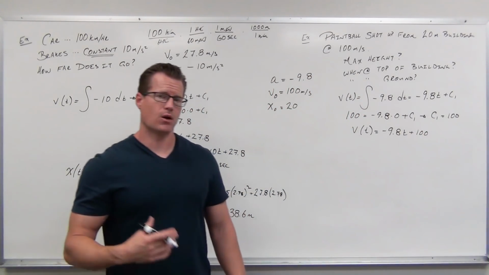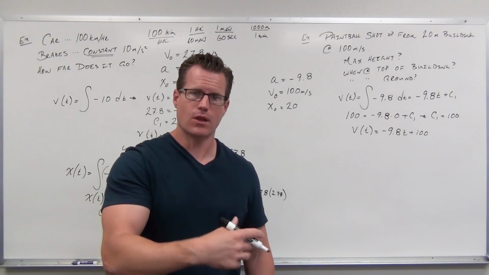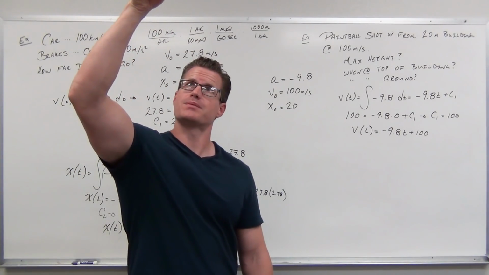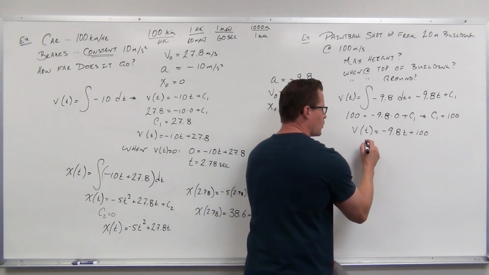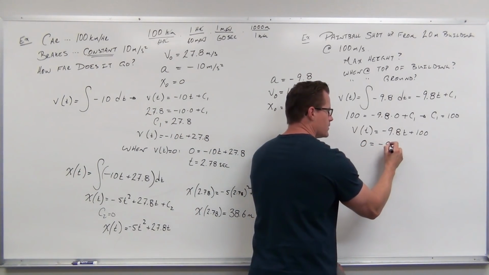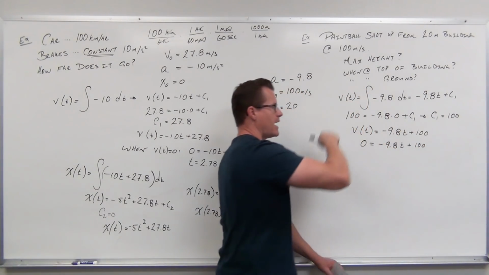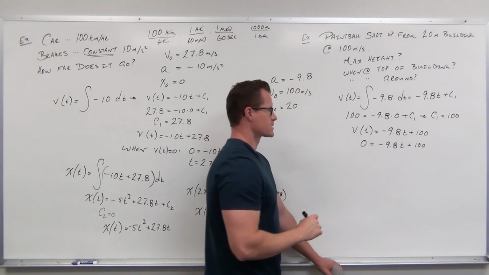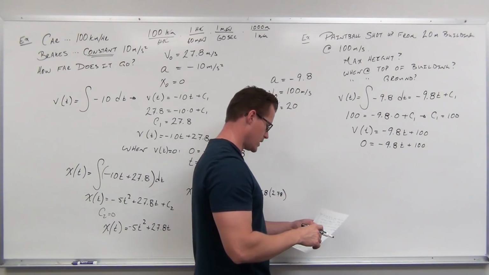Now, we want to find out what the maximum height is. Maximum height occurs when our velocity is 0. Stops, stalls out, falls back down. So when our velocity is 0 is the time it takes for us to achieve our maximum. Well, that's going to be, let's see, add 9.8t, divide 100 by 9.8.